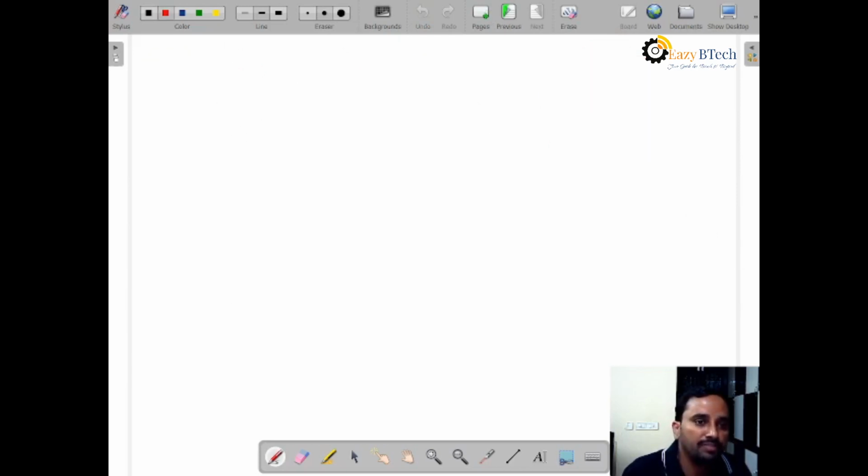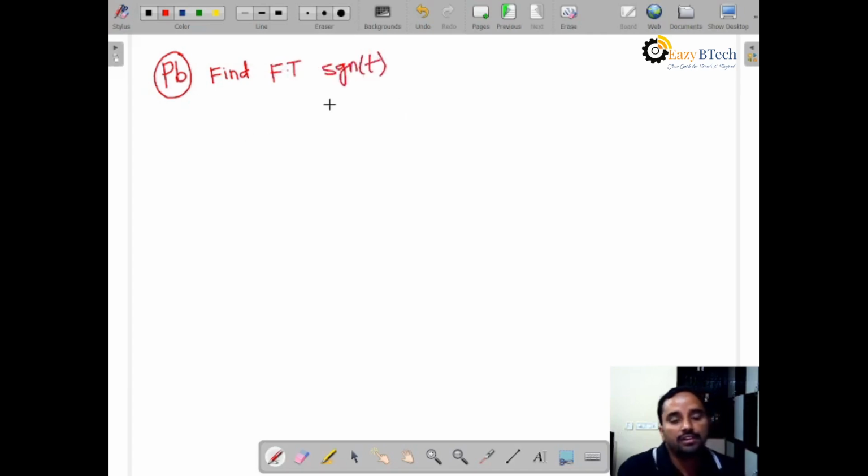Find Fourier transform of signum function. Very important. Signum function Fourier transform. Find Fourier transform of signum function Sgn(t). So you know how the signum function looks. First I am drawing the signum function, then we go to do the Fourier transform.